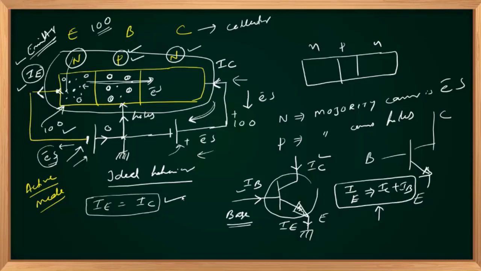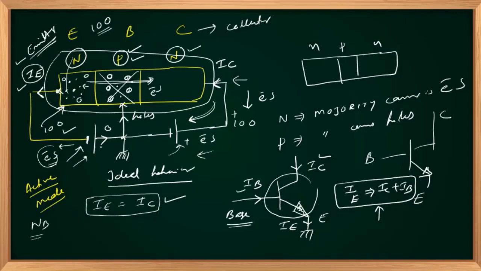And of course, if all the emitted electrons are collected by the collector, that implies no recombination in the base region. Not even a single hole is recombined by the electrons, and always the number of holes remains as NB in the base region, equal to the doping concentration in the base region, NB.